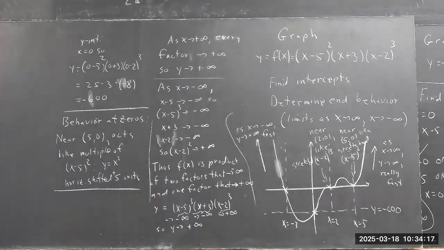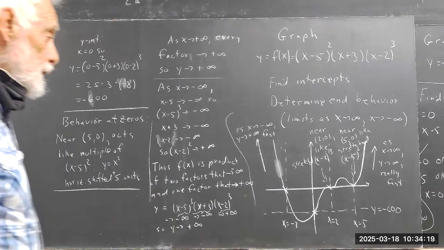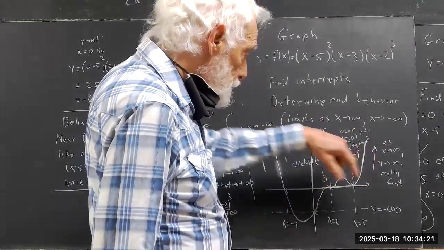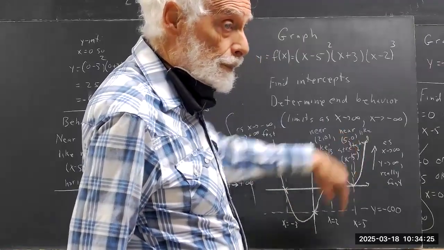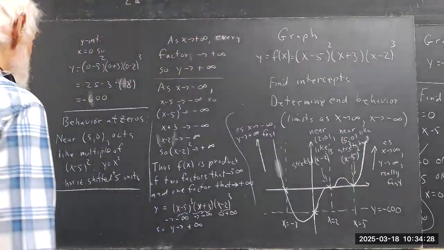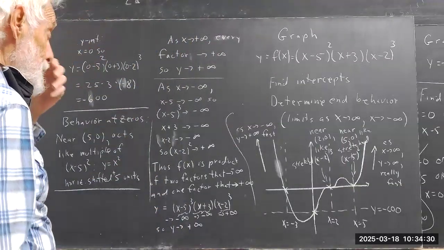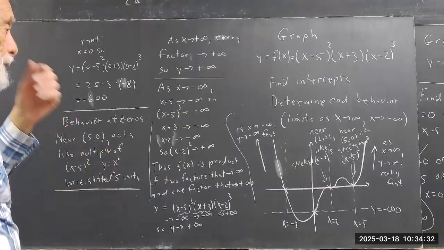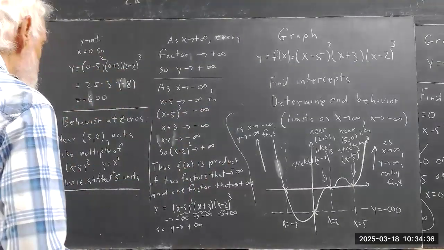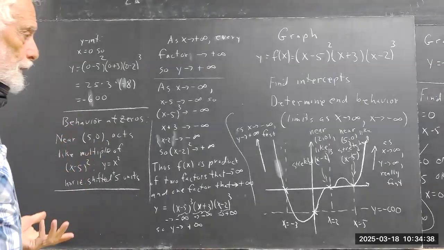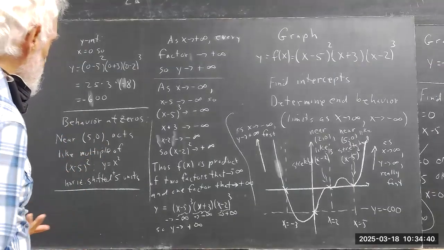If you horizontally shift the squaring function 5 units, you move it 5 units to the right, and it's got a vertex right here. It's stretched, and it could be reflected. In this case, it's not reflected, but it is stretched. So you just want to understand that it's stretched.